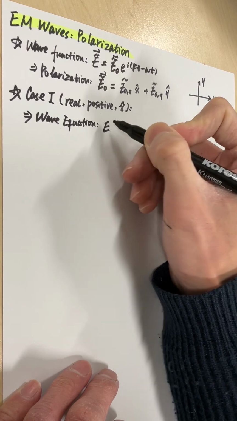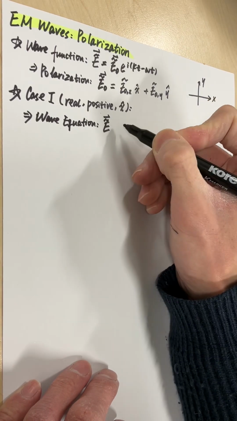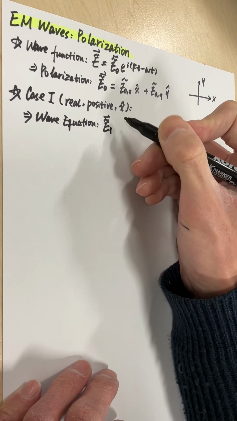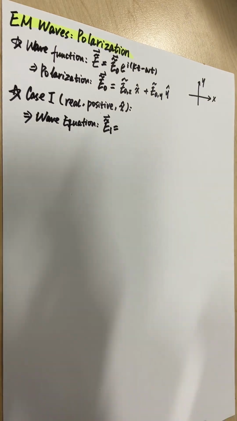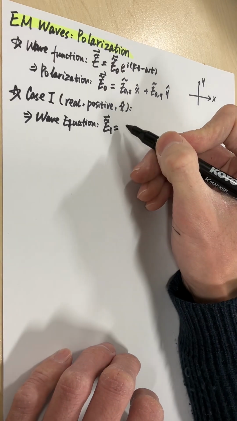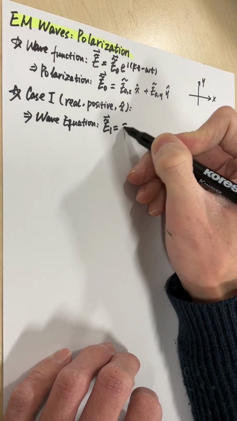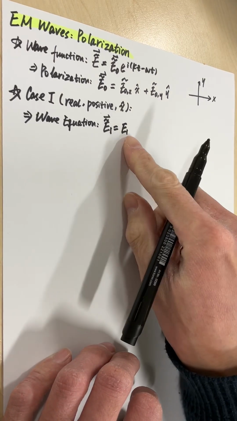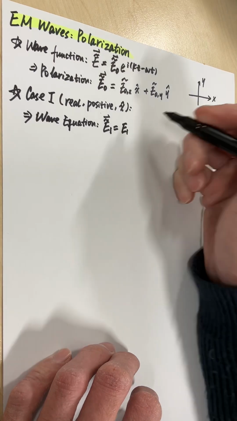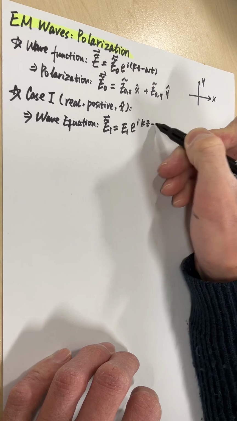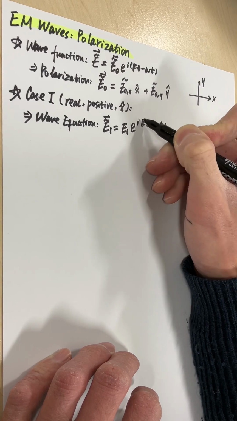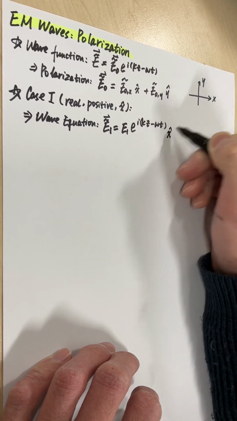Let's call it E1, because we are going to add different waves together. And then we have the amplitude E1, which is a real and positive value for now, and then e^(i(kappa z minus omega t)), and then in the x direction.